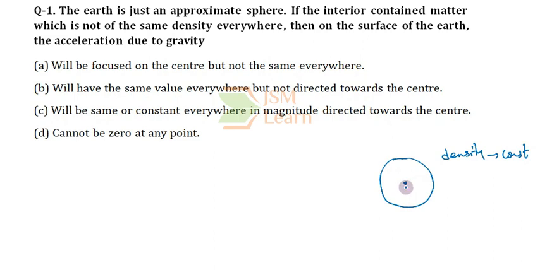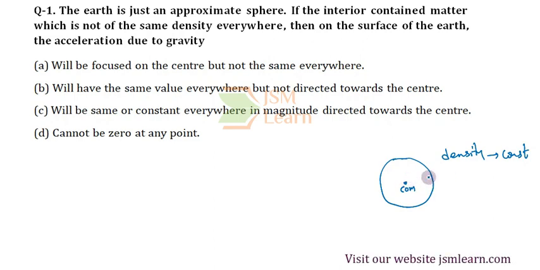We can assume that the total mass of the Earth is concentrated at the center of the Earth, called the center of mass. Through this, we can consider the Earth as a point mass whose mass is concentrated at its center.